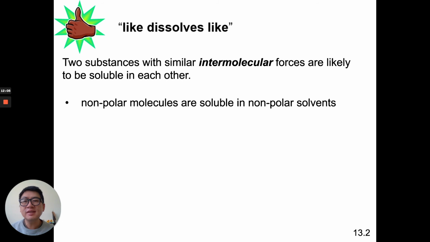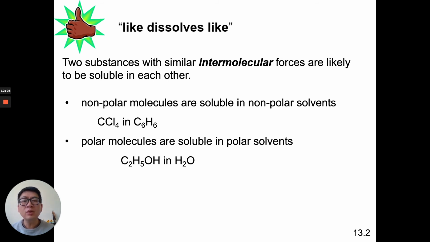For instance, a nonpolar molecule dissolves other nonpolar molecules. Remember in our last chapter, we talked about whether a molecule is polar or not. So if these two molecules are nonpolar, they will more likely dissolve in each other. Polar molecules dissolve in other polar molecules. So ethanol, alcohol, which is polar, will dissolve in water, which is polar.